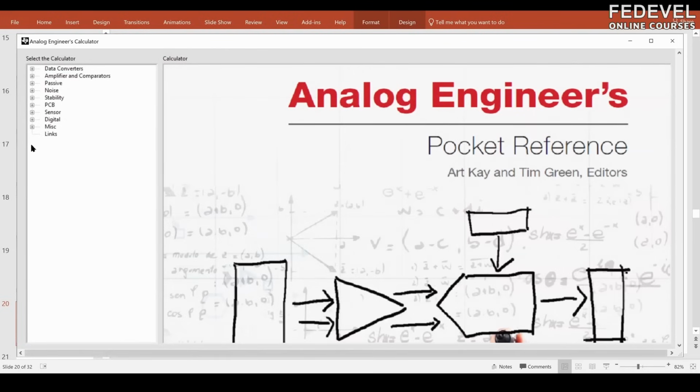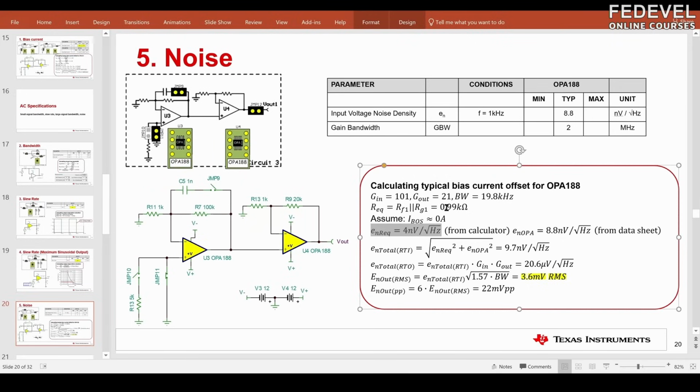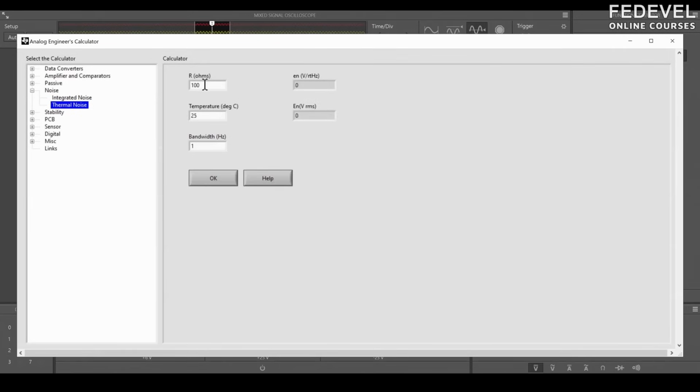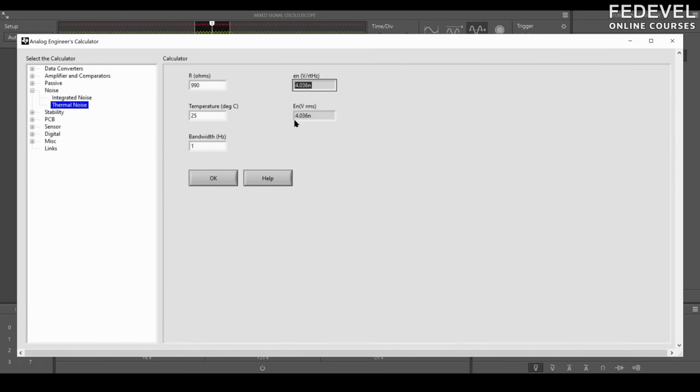There's a variety of different tools here, but the one we care about now is the thermal noise tool. If I put in the equivalent resistance, which is about 1 kilo ohm, 0.99 kilo ohms, it tells us the noise density is 4 nanovolts per square root hertz.